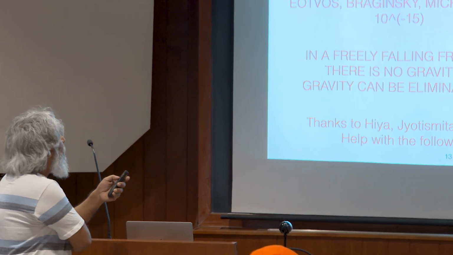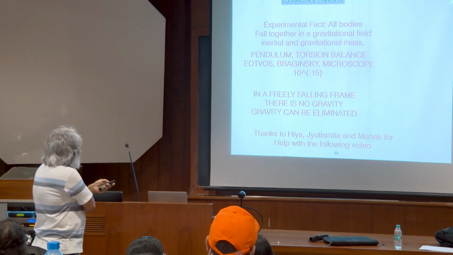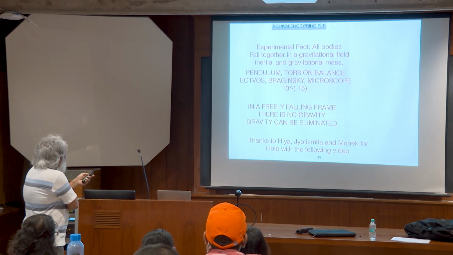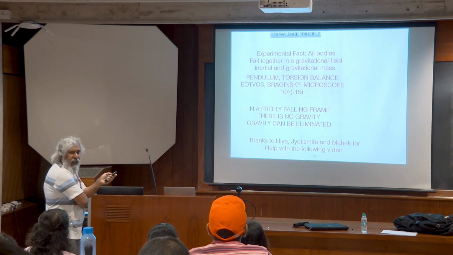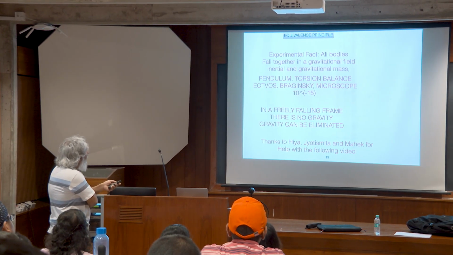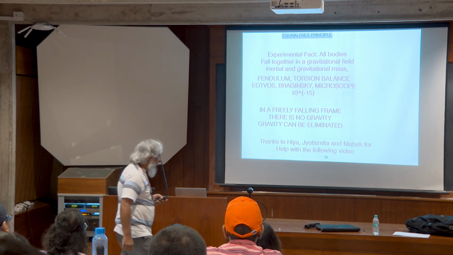The equivalence principle is the main idea on which Einstein based the general theory of relativity. And he described it as the happiest thought that he had in his life. It's an experimental fact that all bodies fall together in a gravitational field. You can see that quite easily.